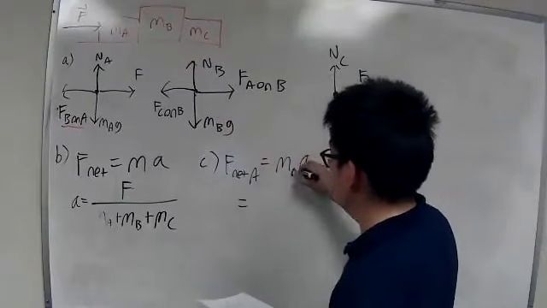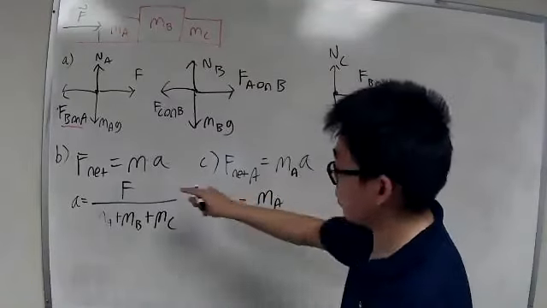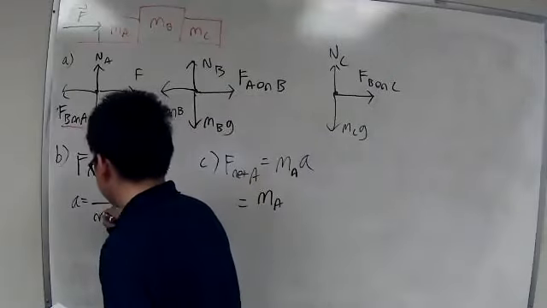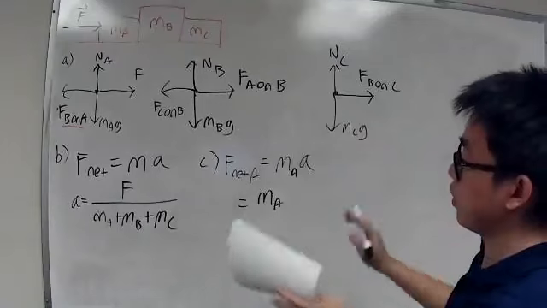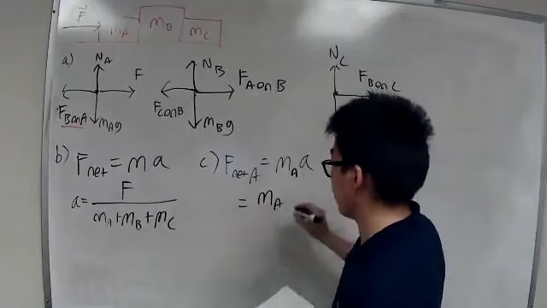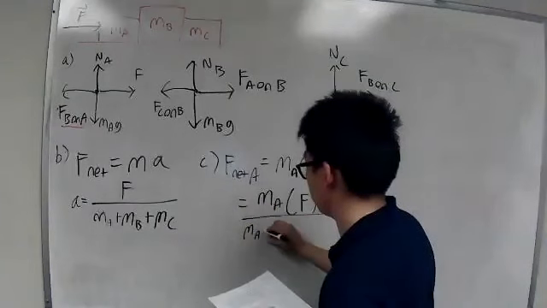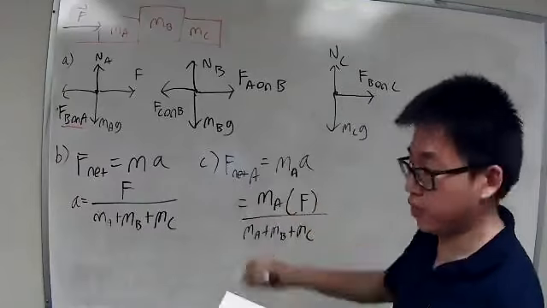The MA is a known value, and the acceleration A is actually the same for all of them, because they're all moving together. So I'll just do the same for the other two.